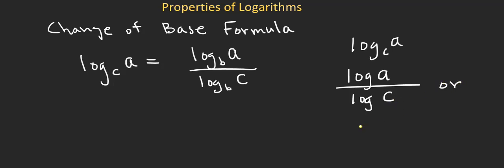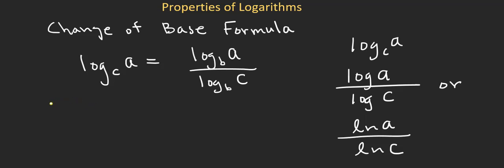Or you could also say natural log of a over natural log of c, because natural log is log with base e. So as long as you have the same b over here, log b and log b, you could write this as log base b of a over log base b of c.